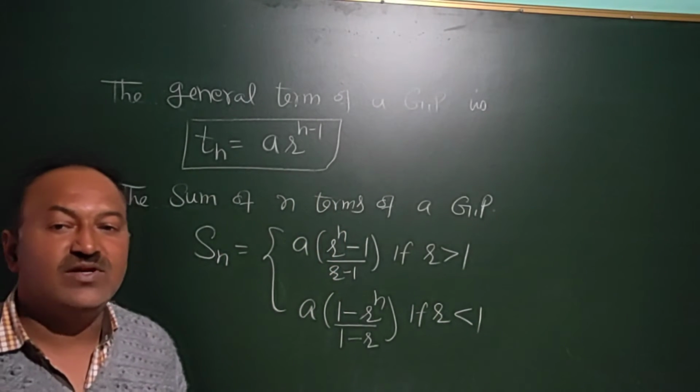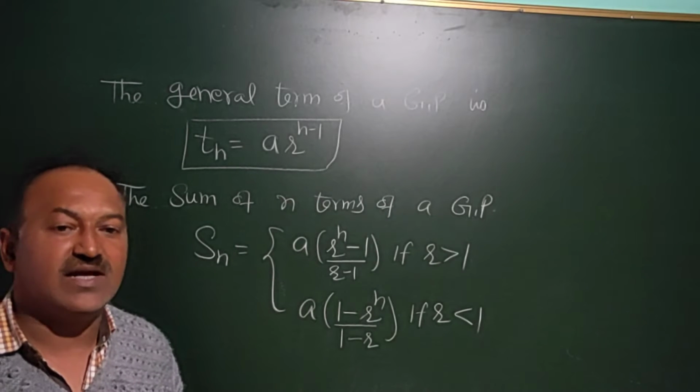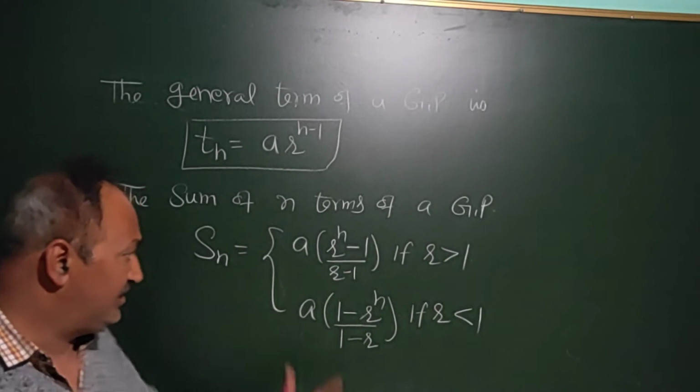These are the two formulas of the sum of the first n terms of a geometrical progression.